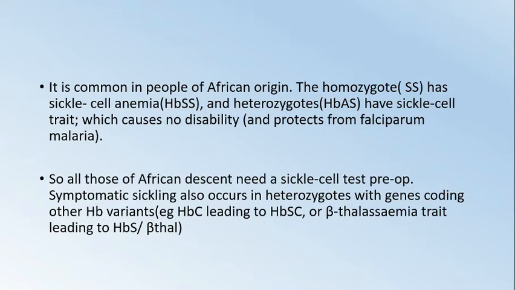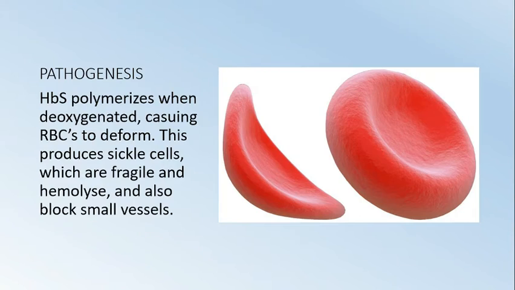So if you are heterozygote for sickle cell with HbAS, but still have other genes coding for other traits like HbC or beta thalassemia, then you can still be symptomatic. So we need to check that.